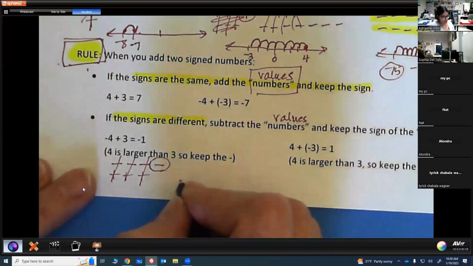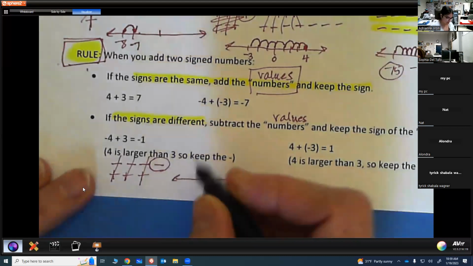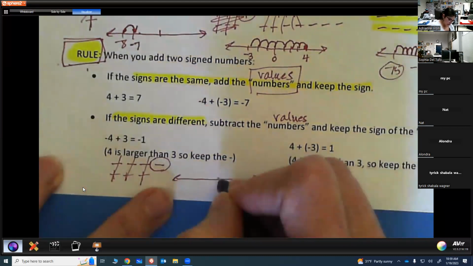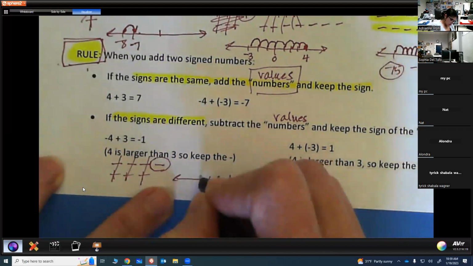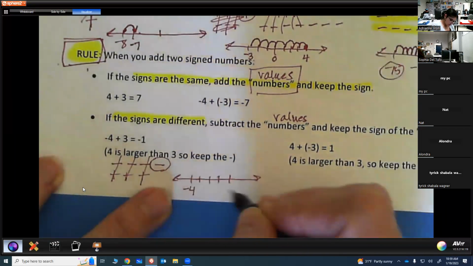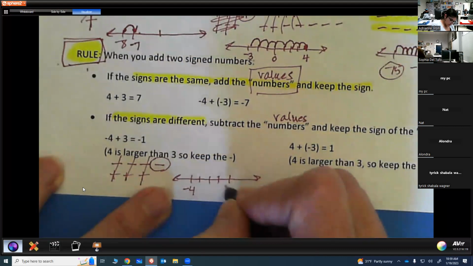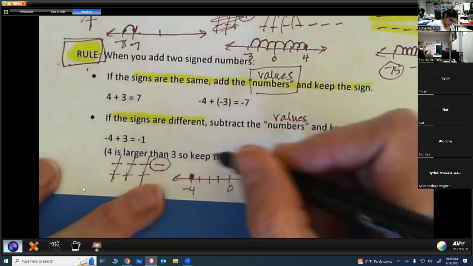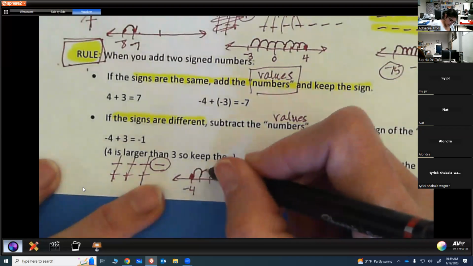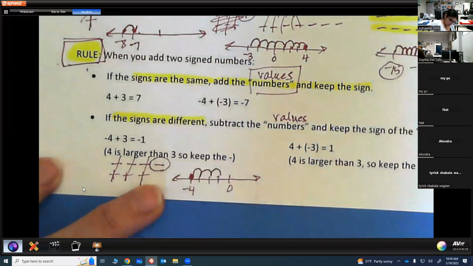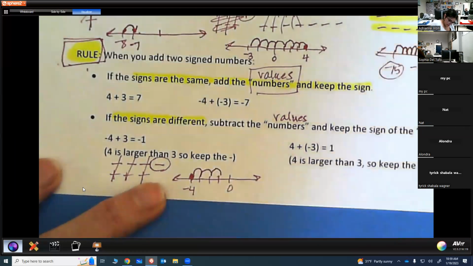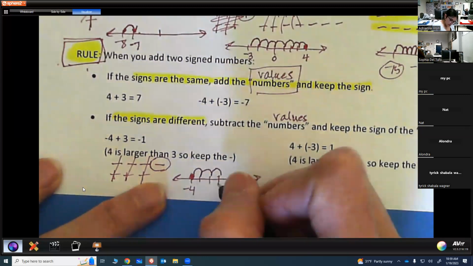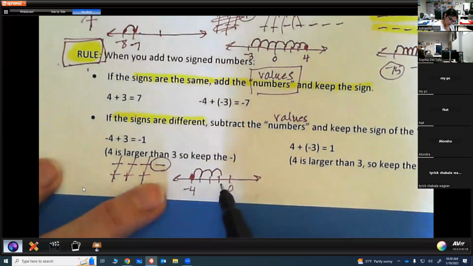On the number line, if I start at -4 and I add positive 3, I'm going to move to the right 3 units, which means I'm moving to a larger value. And if I only move 3 places, I don't cross over the 0 to get to positives yet.